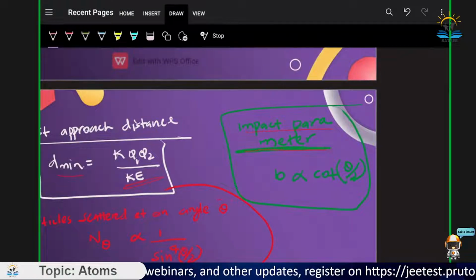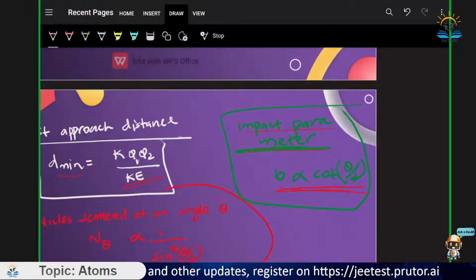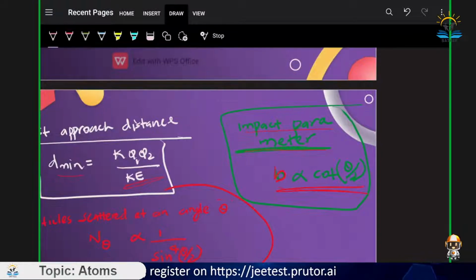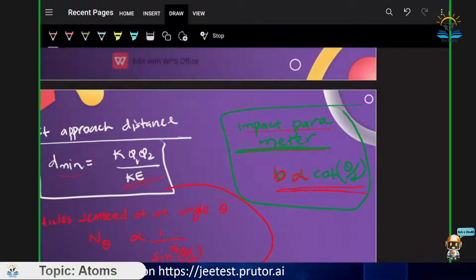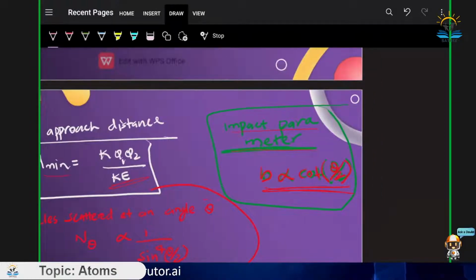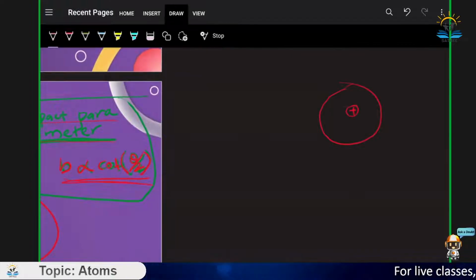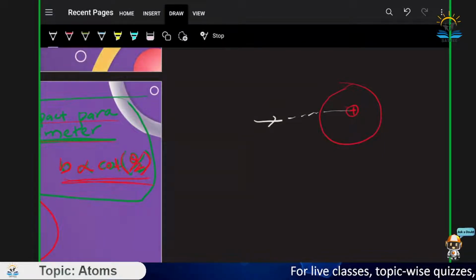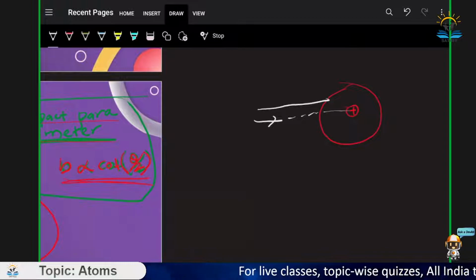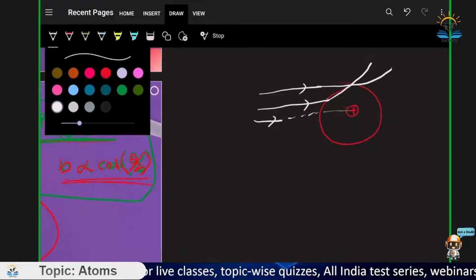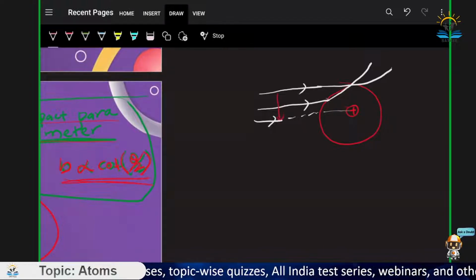The next one is impact parameter. What is impact parameter and its relation with theta? Suppose this is the nucleus, and we show 3 alpha particles, first, second and third. The distance from the nucleus is called impact parameter b.